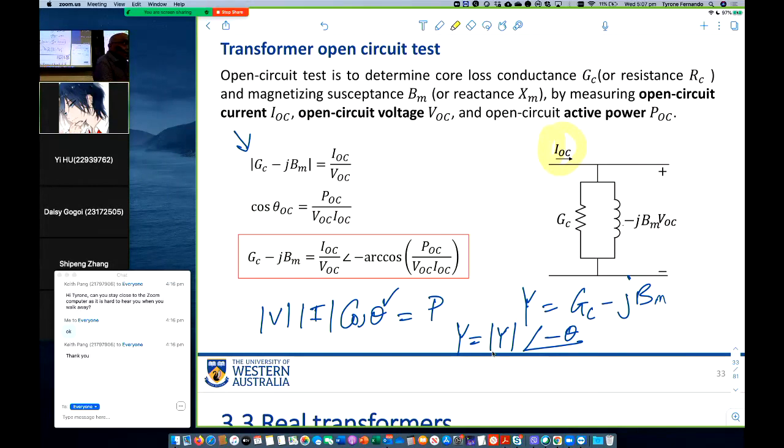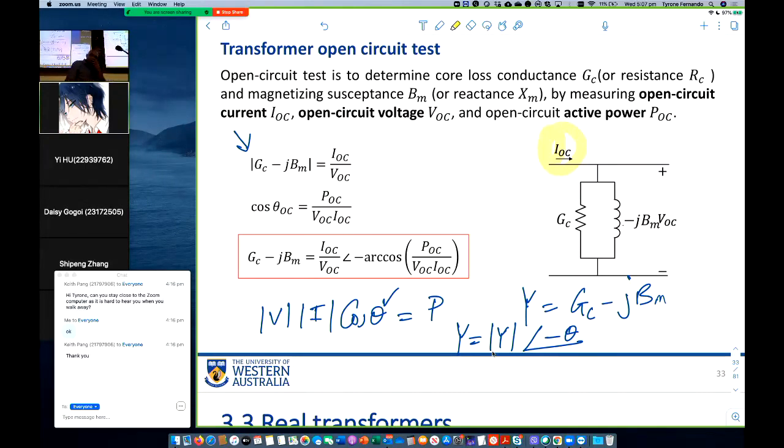Now, if it's Z, there is a magnitude and an angle. The angle is theta, if it's an impedance. If it's an admittance, admittance is 1 on Z, so it still has a magnitude, and the angle is the negative of that, negative theta. So that's why I put negative theta.